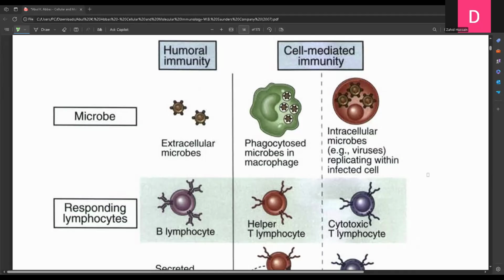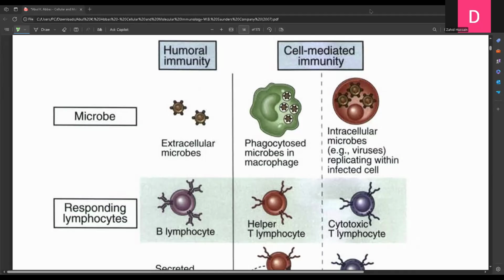So humoral means the liquid part of the blood without cells, that is serum. And cell-mediated immunity is the immunity due to the cells of the blood, the white blood cells.